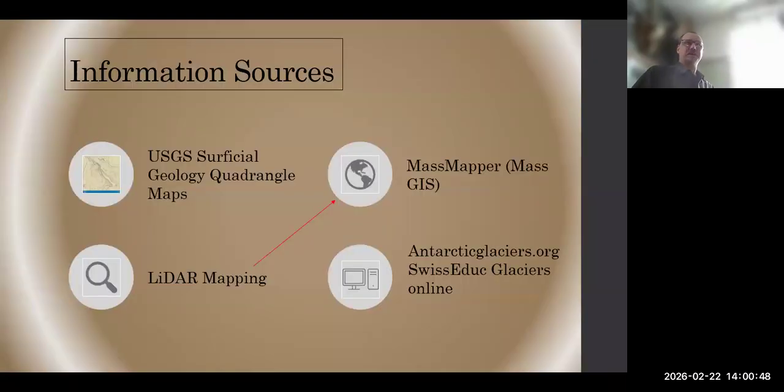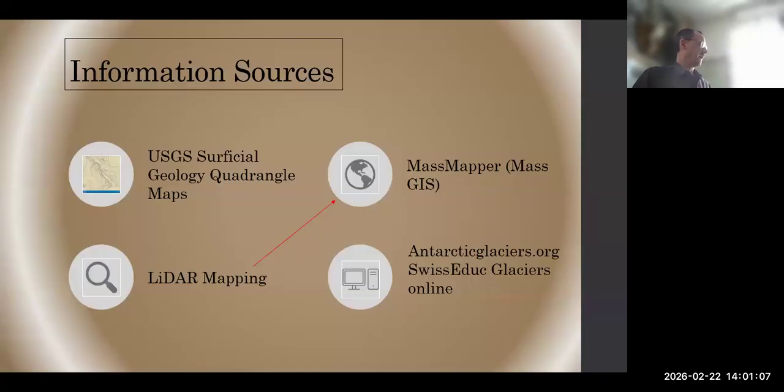The information sources I'll be sharing with you today. The first are U.S. Geological Survey's official geology quadrangle maps. The second would be MassGIS's website, their Mass Mapper tool.